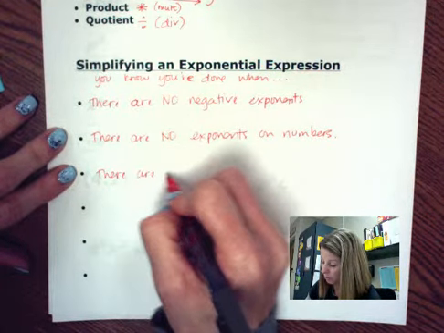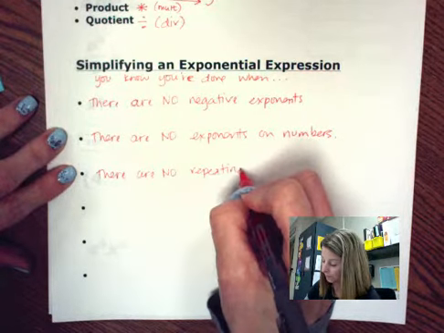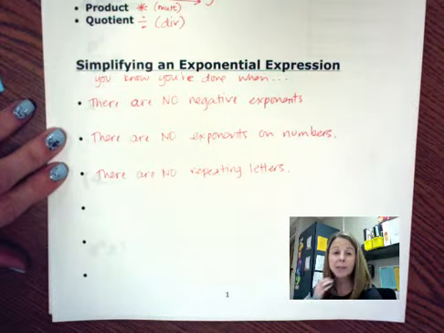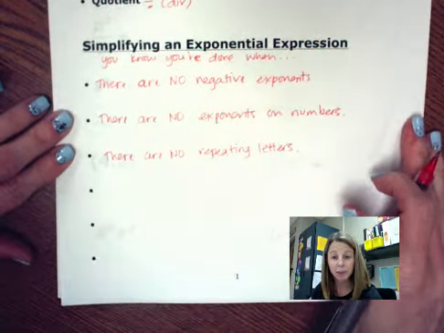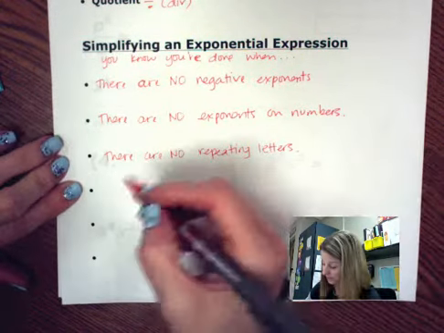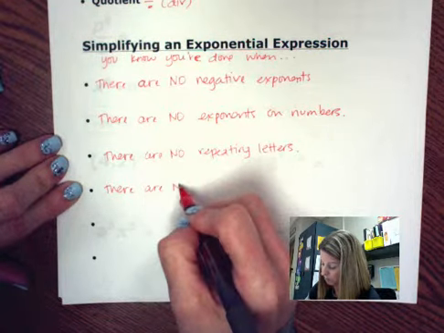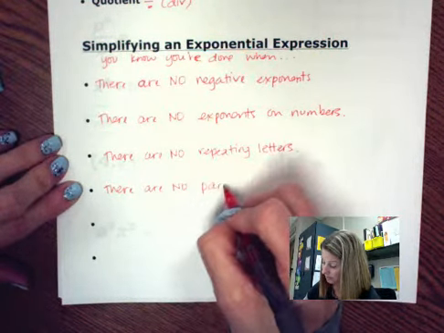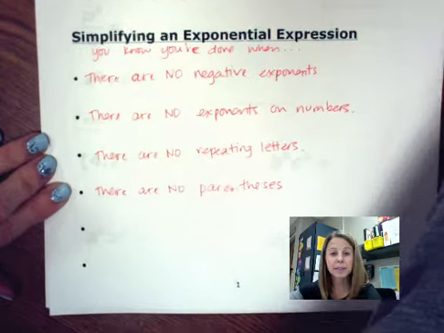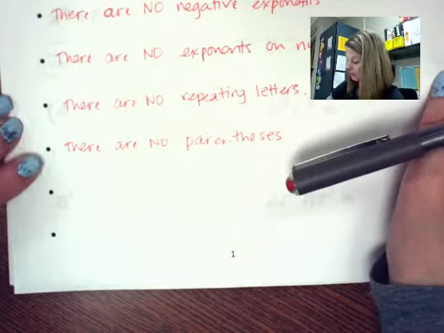If there are any repeating letters, we will combine them with exponents. The 4th one down, there are no parentheses. No parentheses left. So we will take care of simplifying those.